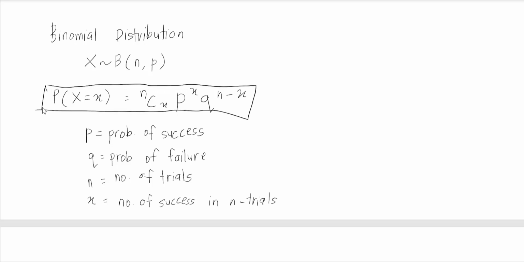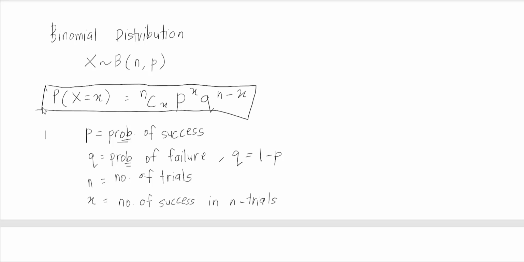So this P is the probability of success, and Q is the probability of failure, in which Q is 1 minus P. The most important thing is how you determine that the question is a binomial distribution.